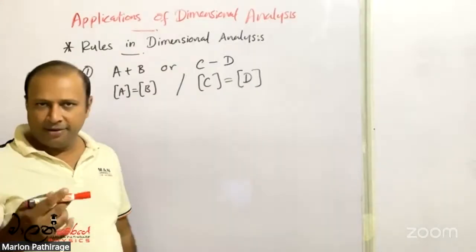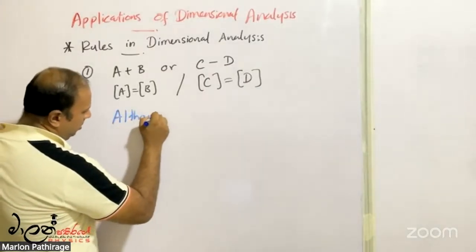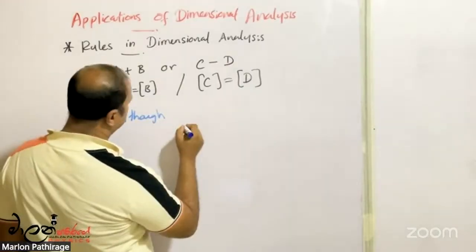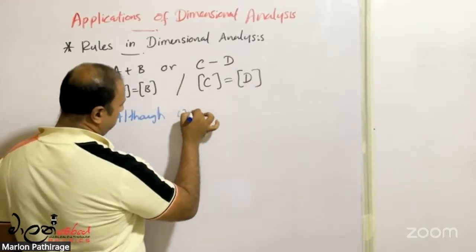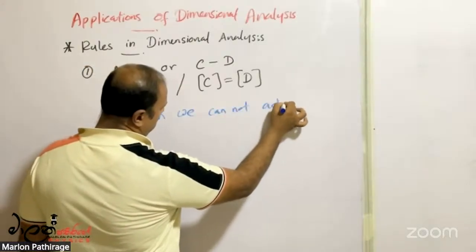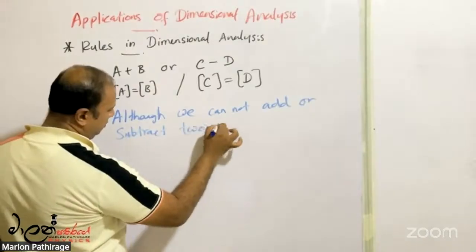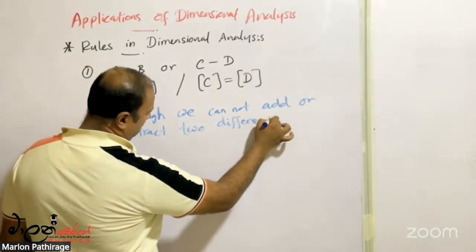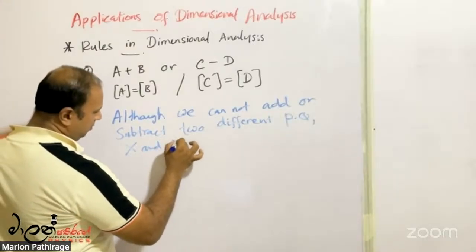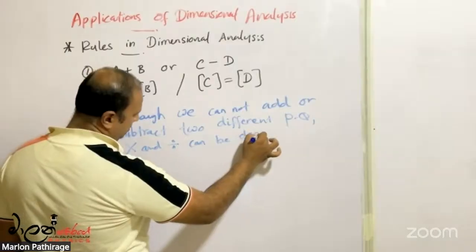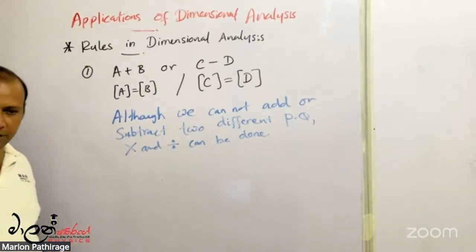Although we cannot add or subtract two different physical quantities, multiplication or division can be done.